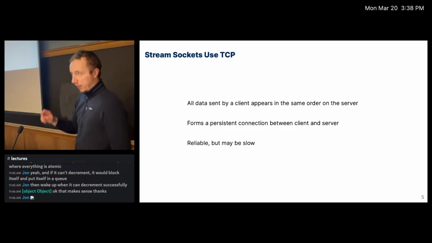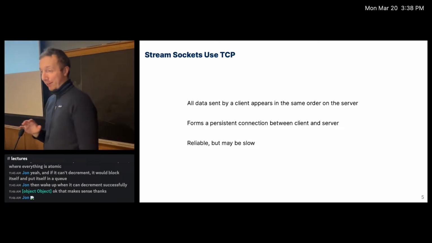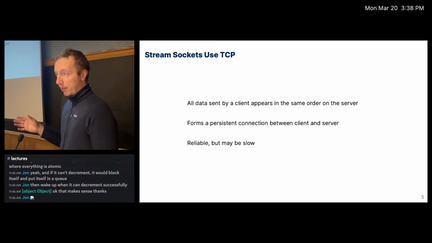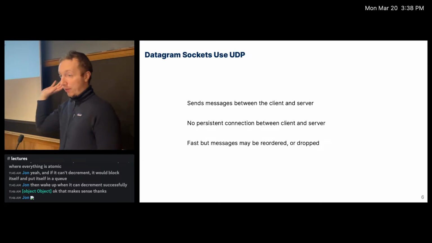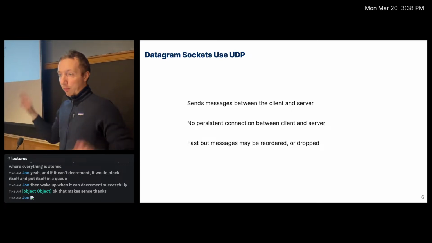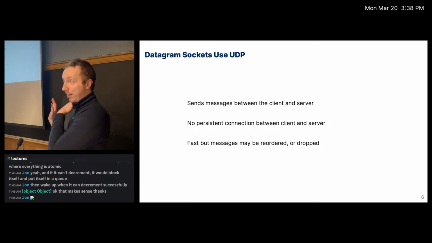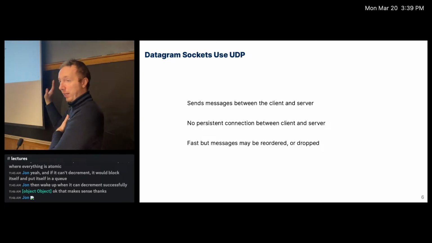So basically you would use stream sockets whenever you want to actually know someone has disconnected, and it's really important to get the messages in order, and you really want it to be reliable. UDP doesn't have any of that. It just sends a message and hopes for the best. So generally, if you want something to be persistent, in order and everything, you just use TCP. Otherwise, you use UDP if you don't really care about the data.